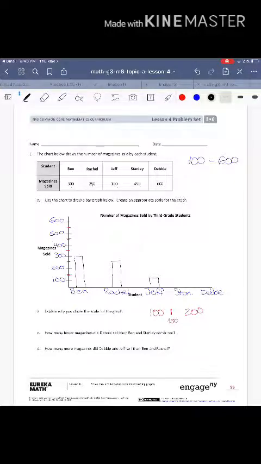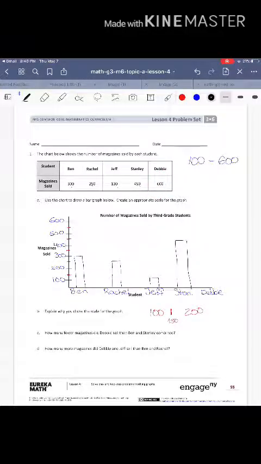And then we have Stan. Stan sold 450. So he sold 450. We're going to go all the way, more or less, to where he is at. I'm trying to make it. Oh, okay. I think it could be okay. And then Debbie sold 600.